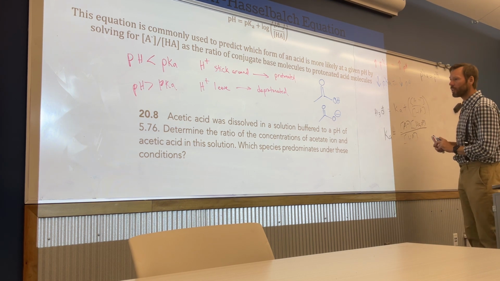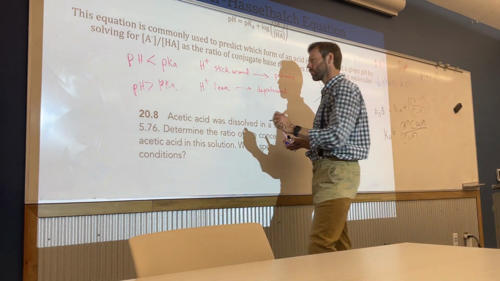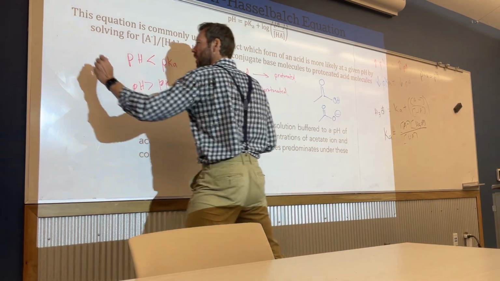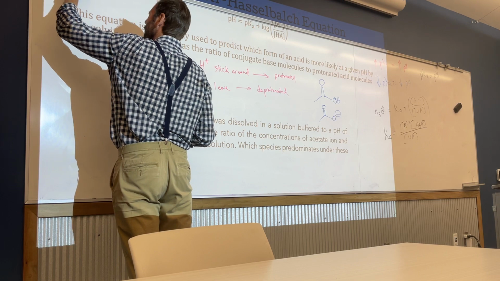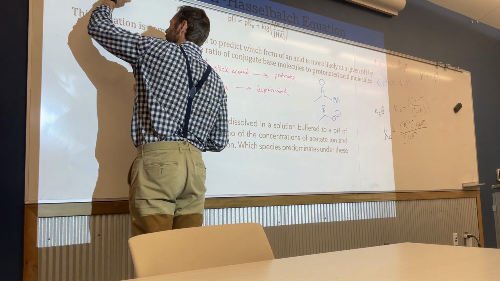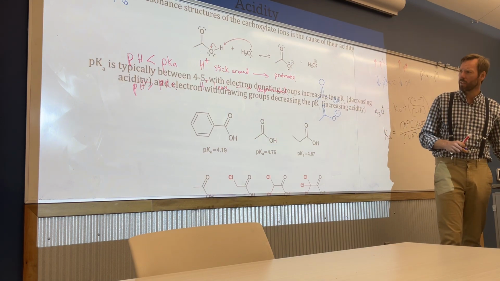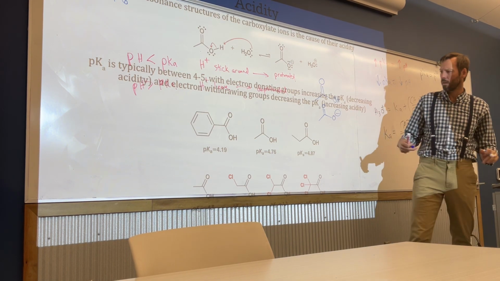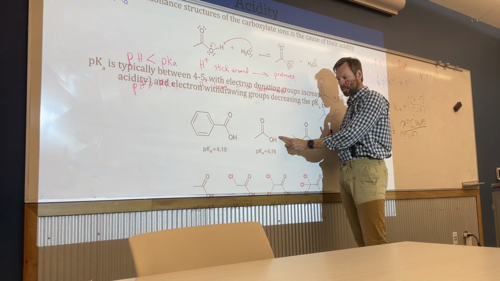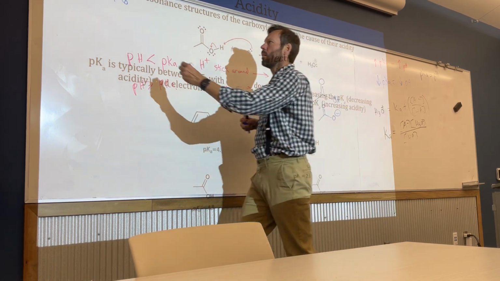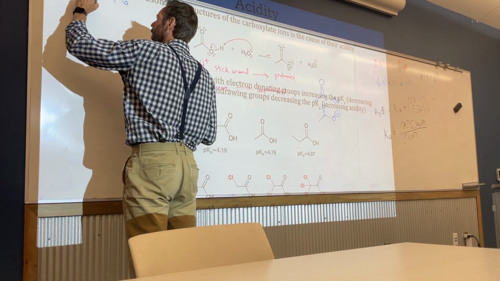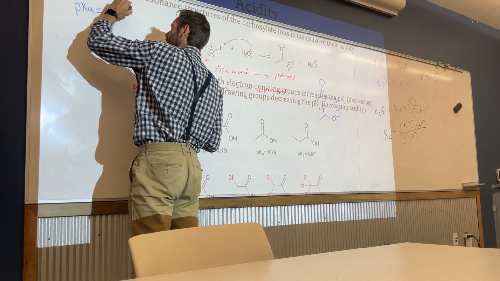So what do we give it? pH equals 5.76. We have the pKa in one of these slides here. Acetic acid, pKa, 4.76.